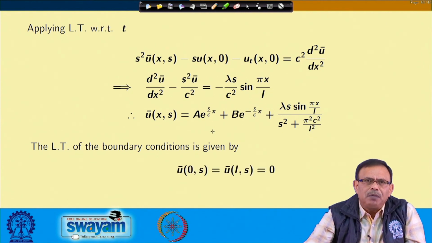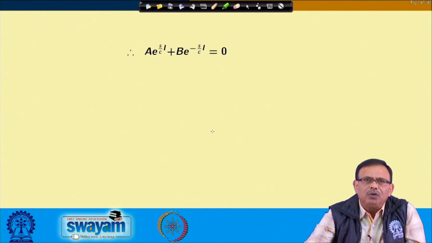The Laplace transform of the boundary condition is u bar 0 s equals u bar L s equals 0. If I substitute into this equation, I get a plus b equals 0. The other equation I get is this one, and these two are homogeneous equations, and like the previous problem I can show that they have only the trivial solution.